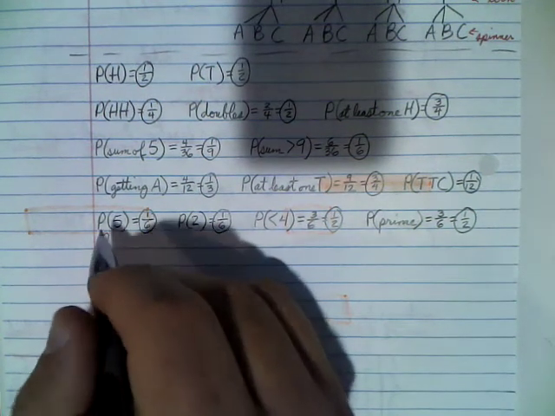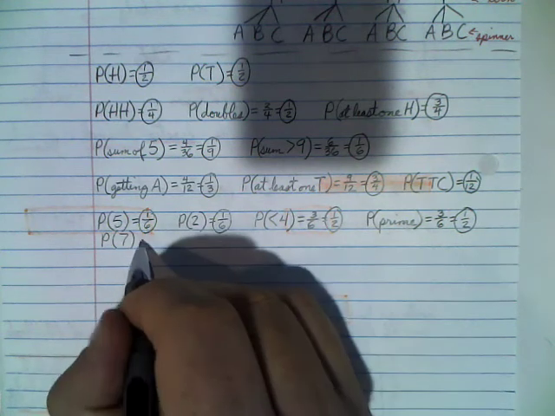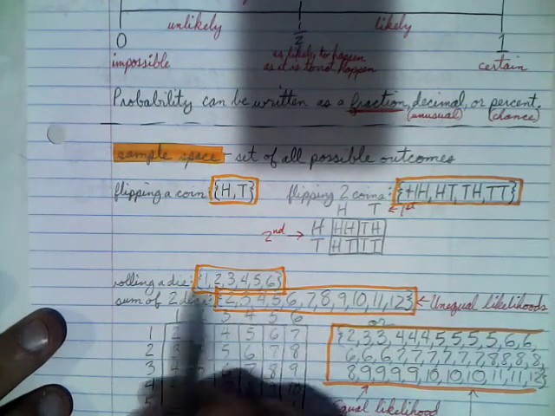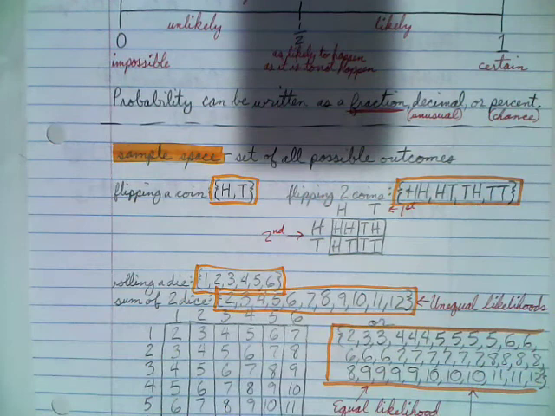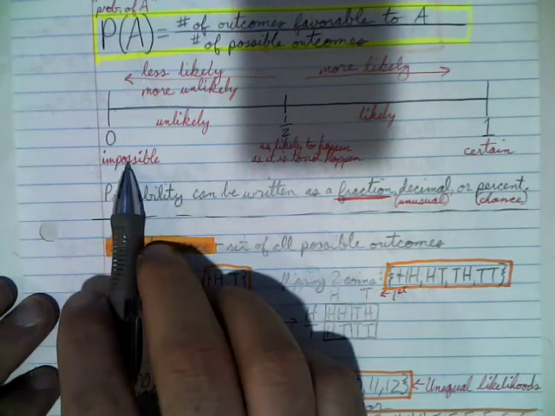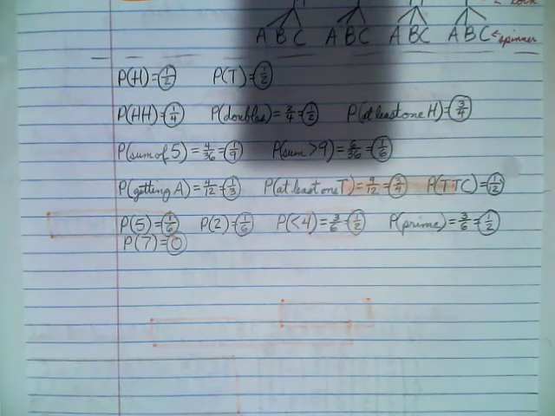So what is the probability, let's say, of rolling a 7? If we take a look here, how many are favorable to a 7? Well, none of them. The moment you see something like this and you realize, wait, that can't happen, that's impossible, you automatically know that the answer is 0. The probability here is 0.